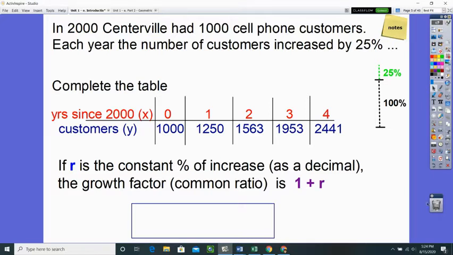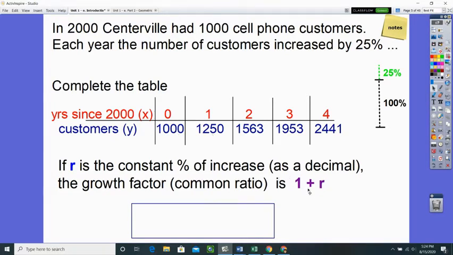So if r is the constant percent of increase as a decimal, so we would make this 0.25, your growth factor would be 1 plus the 0.25. So instead of multiplying by 0.25 and then adding the 1,000, if you just come up here and take the 1,000 and multiply it by 1.25, you'll get directly to the 1,250.